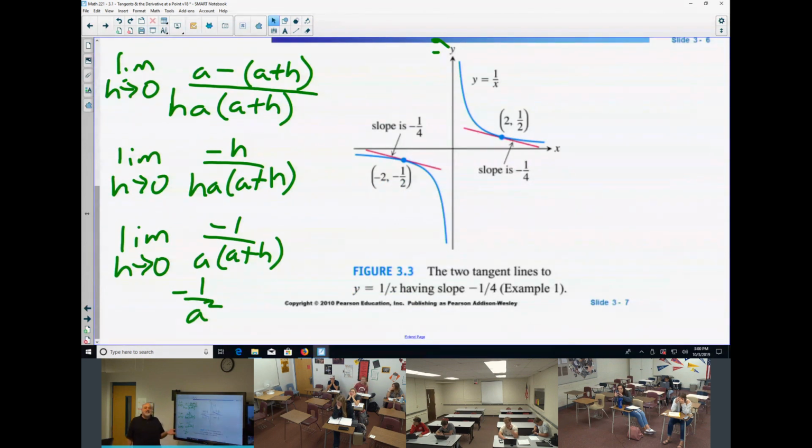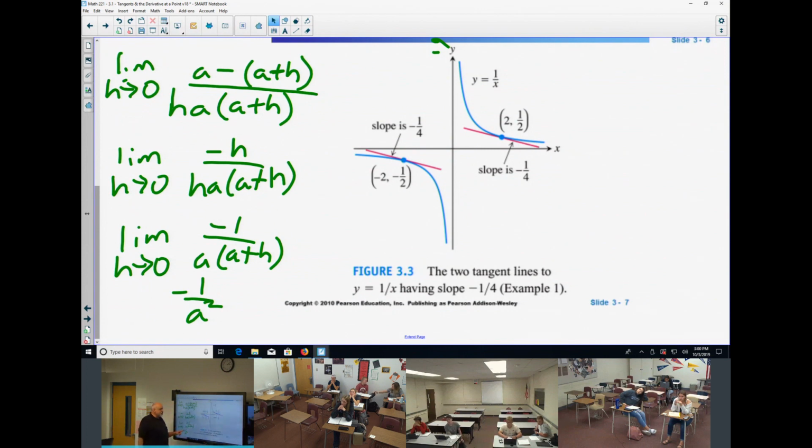Now, that's the derivative anywhere along this curve, no matter what the point a is. If we know what the point is, now we can plug it in and say, okay, what about when x is 2? What's the slope?